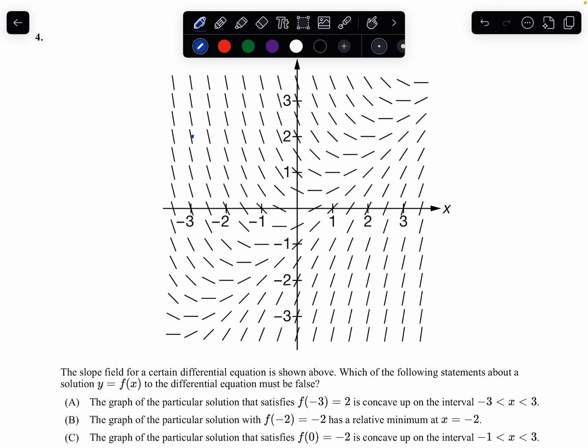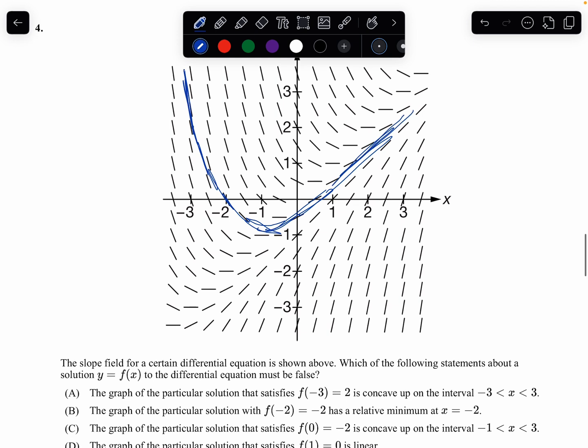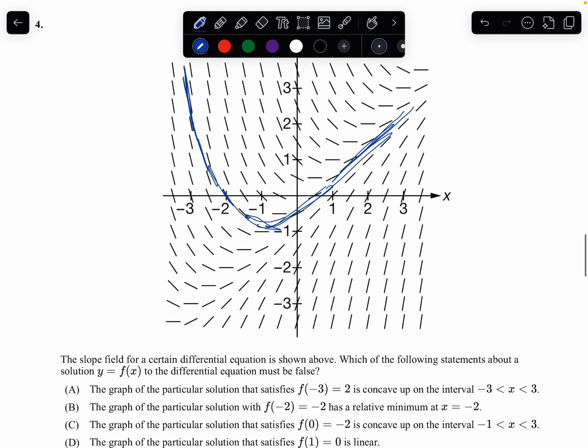So probably right here. It looks like a pretty steep slope. Is concave up on the interval from negative 3 to 3. Definitely looks like it, so I'm going to say that that's true.